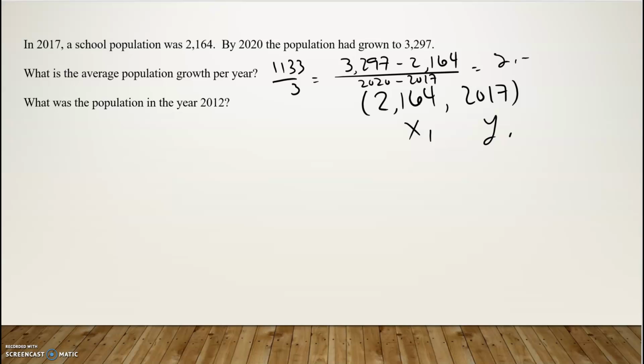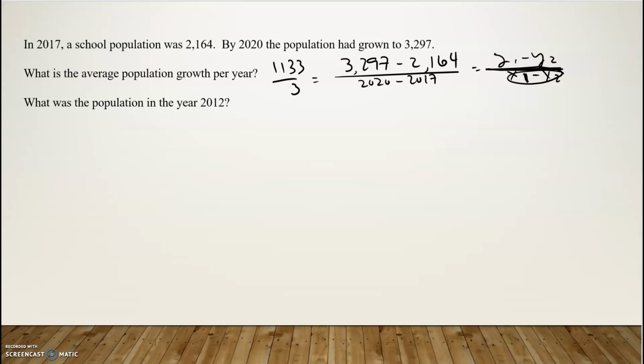Notice this is y sub 1 minus y sub 2, x sub 1 minus x sub 2. Notice my x values are the years, and I have that as the y value here. So I need to switch that. And now this is x1 and this is y1.